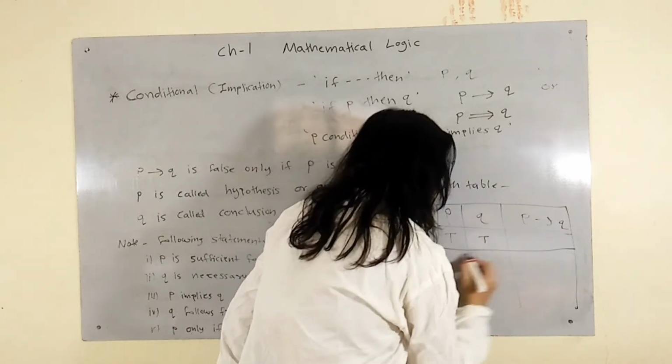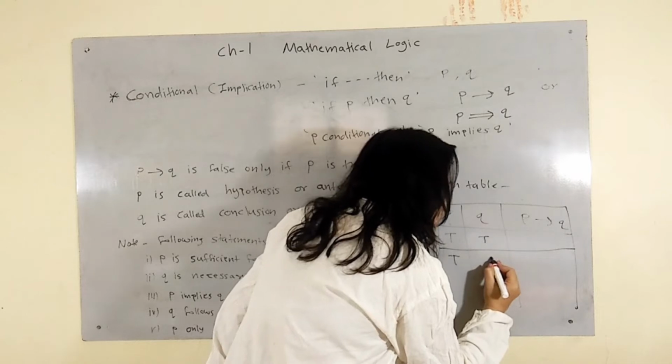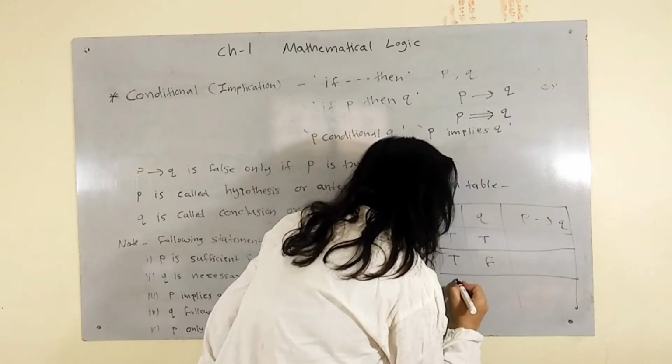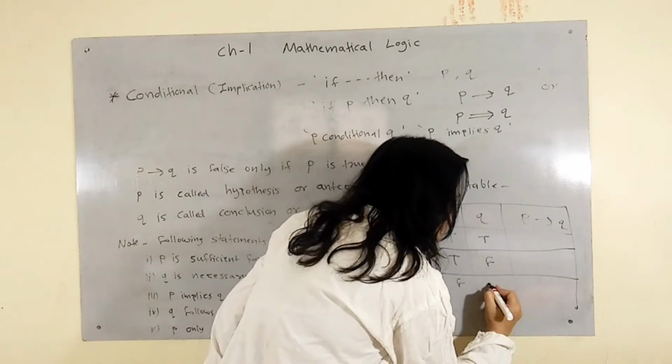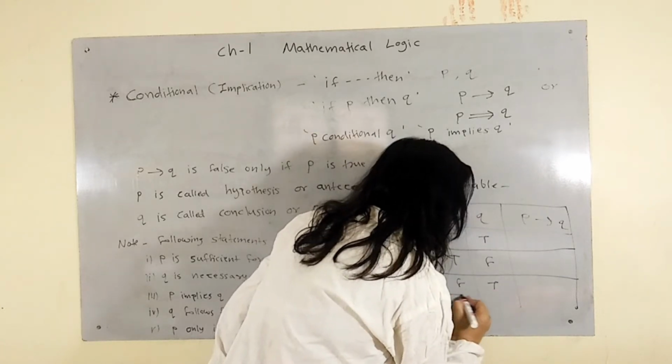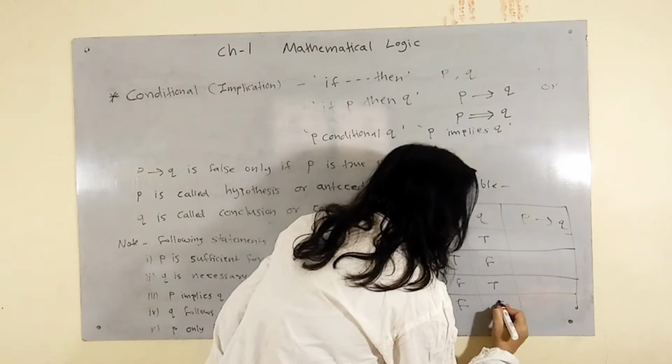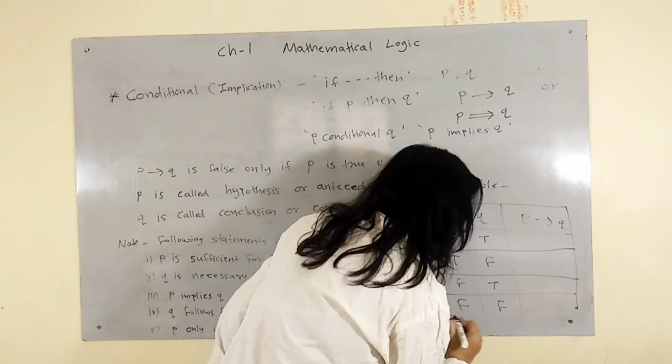Next value, P true, Q false. Next value, P false, Q true. And last value, P false, Q false.